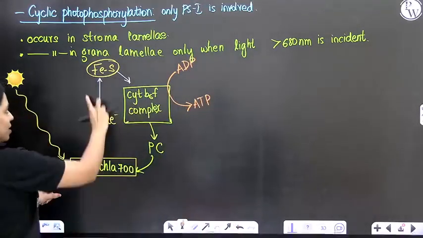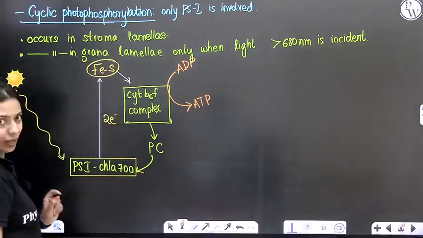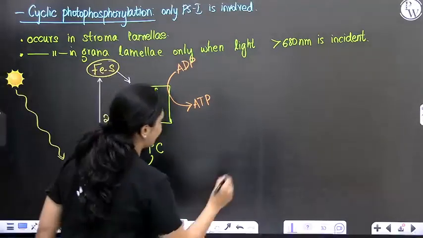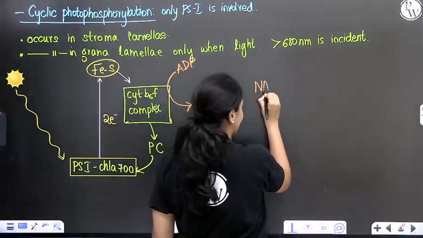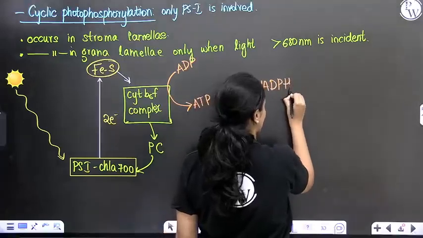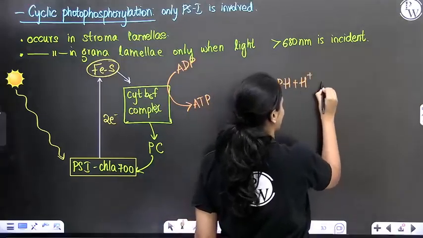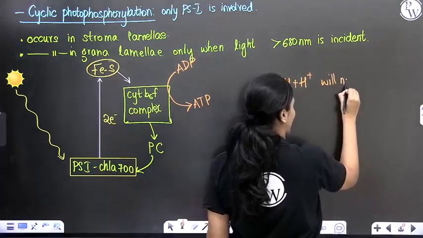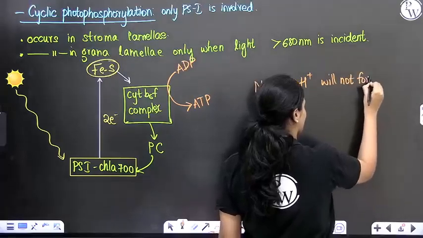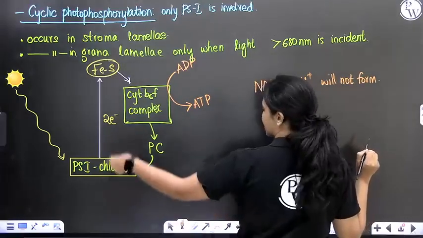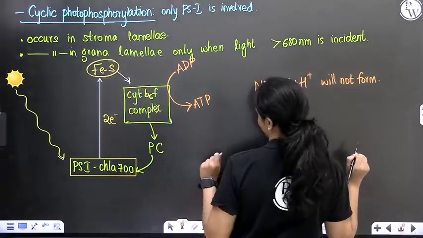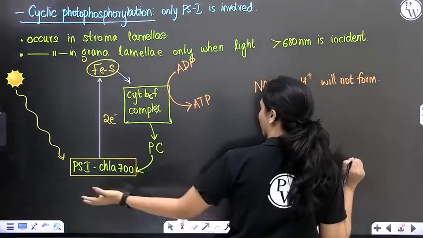Because the electrons are being cycled back to PS1's reaction center, NADPH plus H plus will not form. Because the same electron is returning back to the same photosystem, there's no need for water to split.